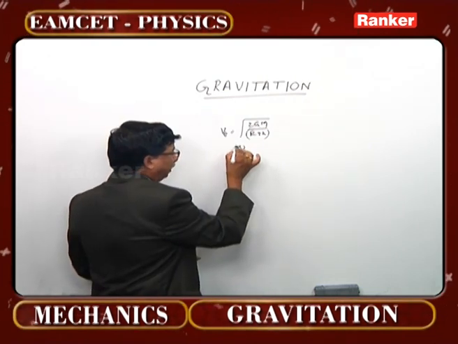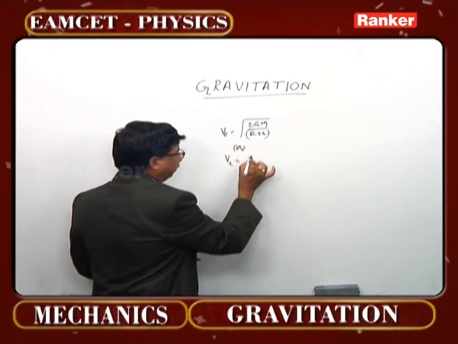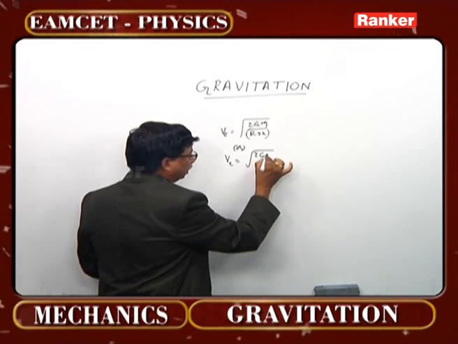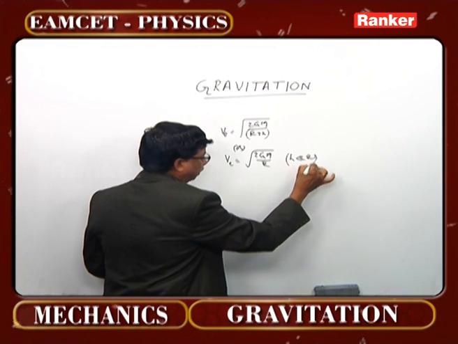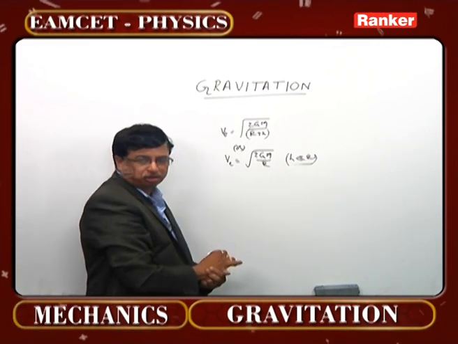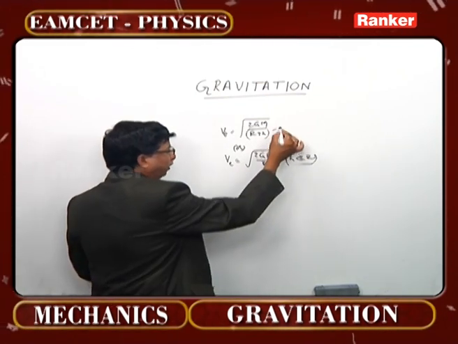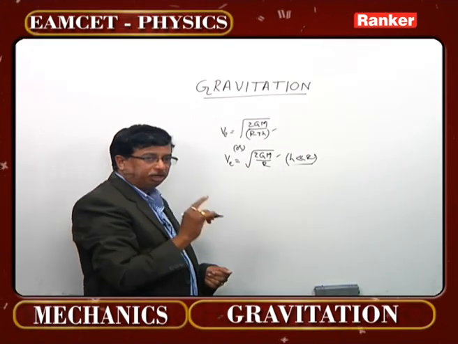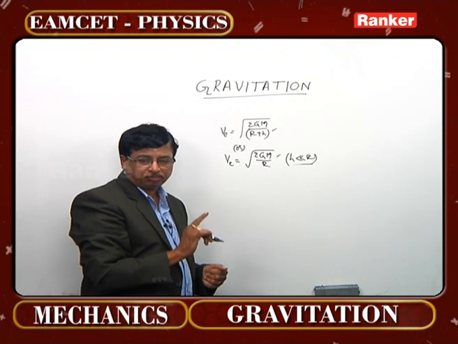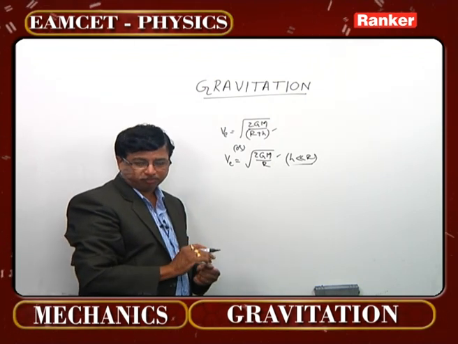The other method of writing the same formula is this. It is under root 2 GM by r. This can be taken when h is negligibly small compared to the value of r. Whatever equation you talk about, escape velocity is independent of a few aspects. Every one of you should remember that carefully.